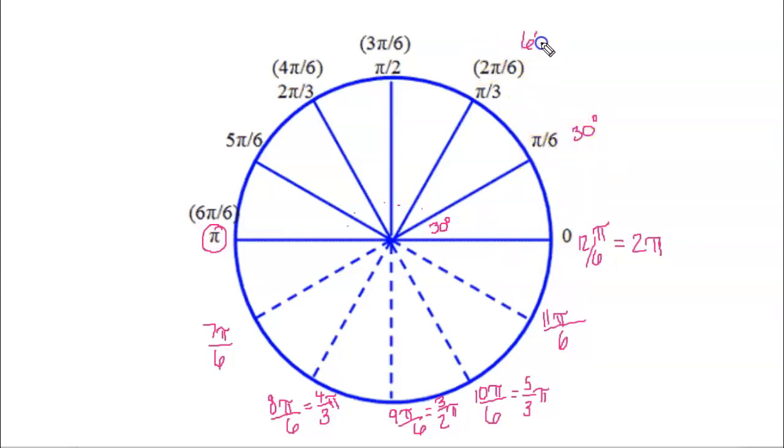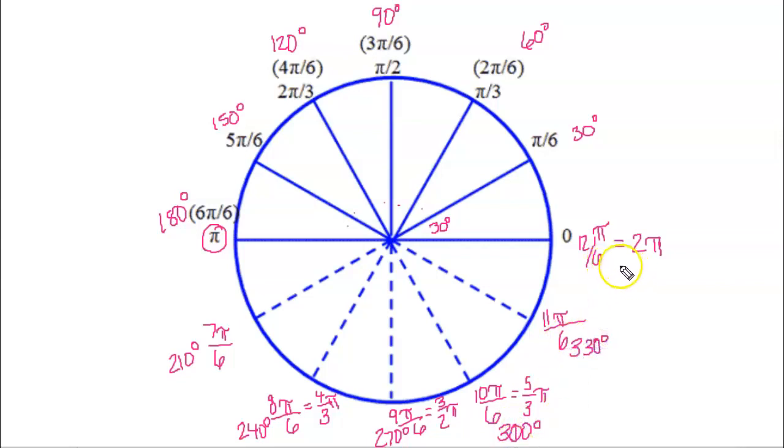So 30, 60, 90, 120, 150, 180, 210, 240, 270, 300, 330, and 360.